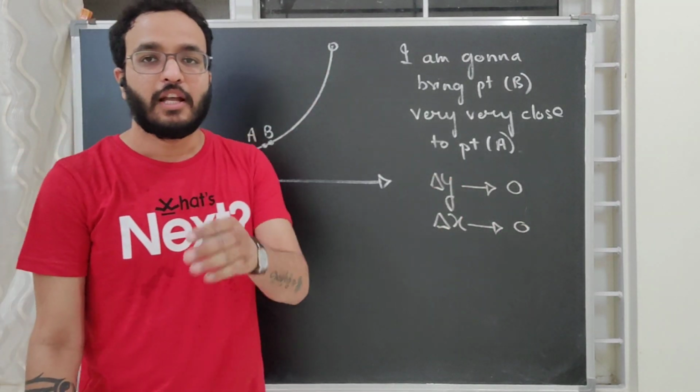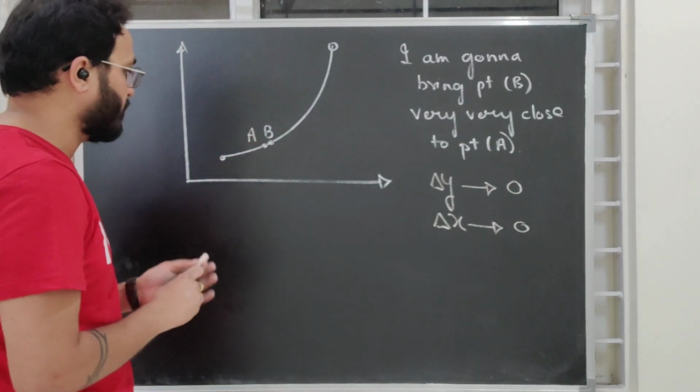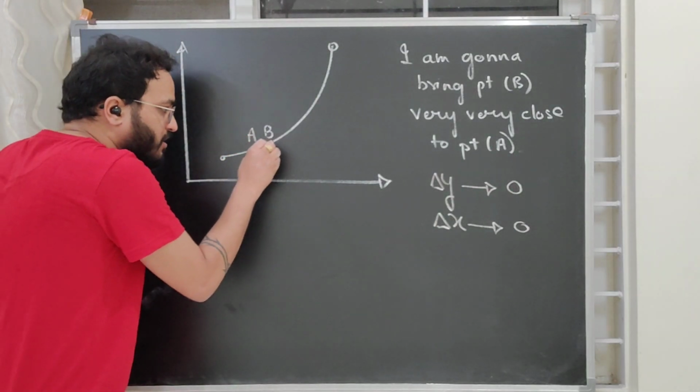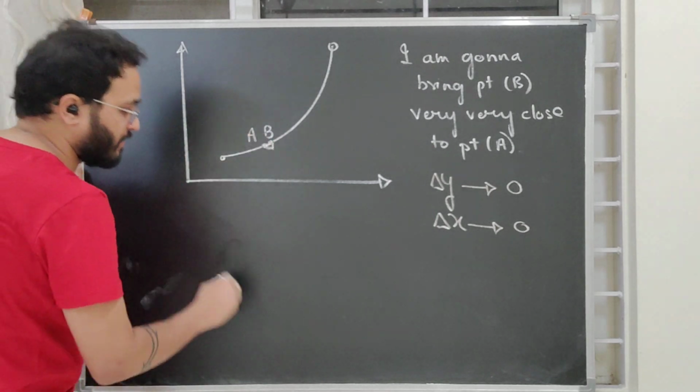This arrow means they are almost tending to 0. That means delta y becomes very small. Now if you see, I can form this triangle, a small triangle. I will just magnify it here and show.